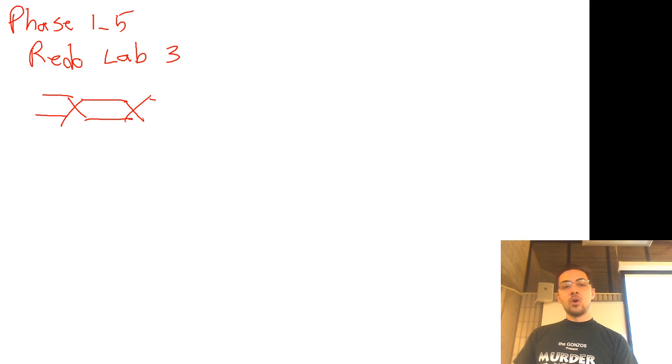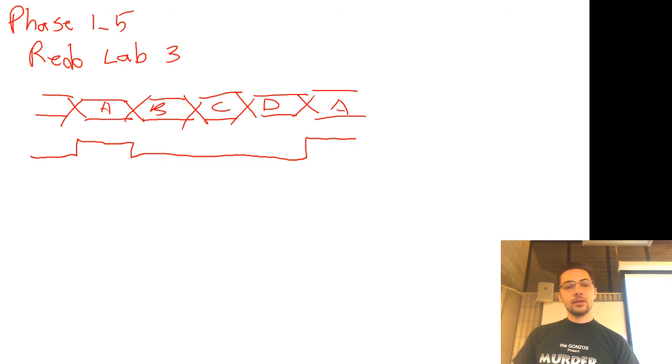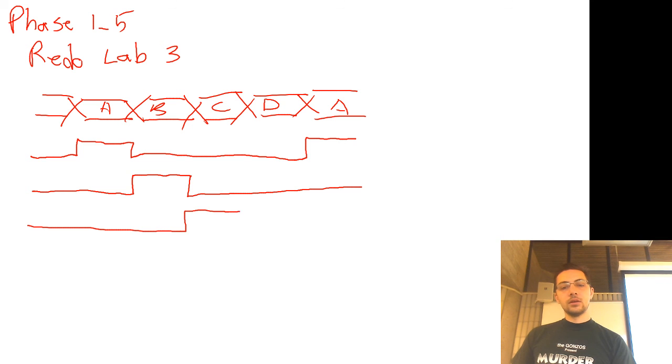We have our 4 values that come out. A, B, C, I mean, these could be anything, D, and then return to A. And we have high, low, high, high, high.